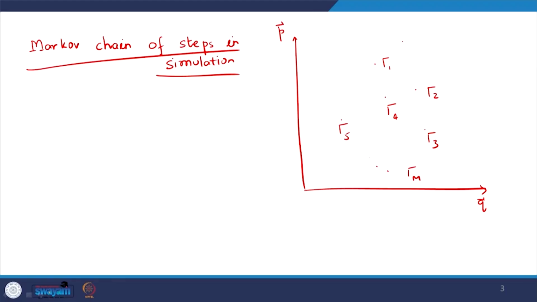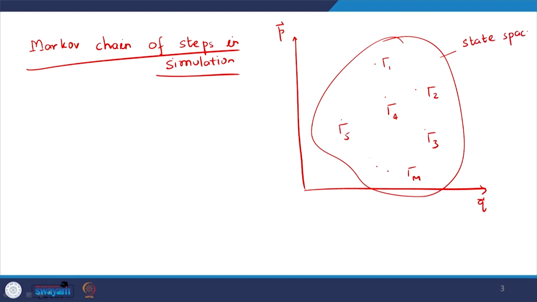There is no particular order that I want to represent here. I just want to mention that there are a certain number of states that I am going to sample, and these constitute what is known as the state space. That is the first assumption: we assume a state space.